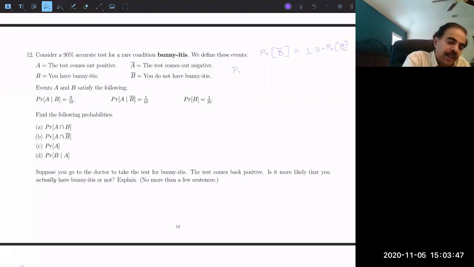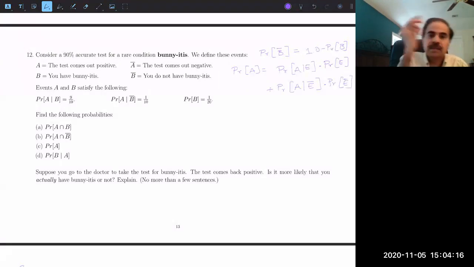So probability of an event A equals probability of A given E multiplied by probability of E plus probability of A given not E multiplied by the probability of not E.